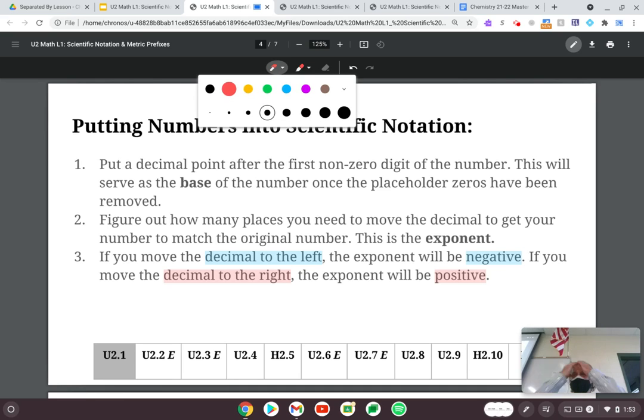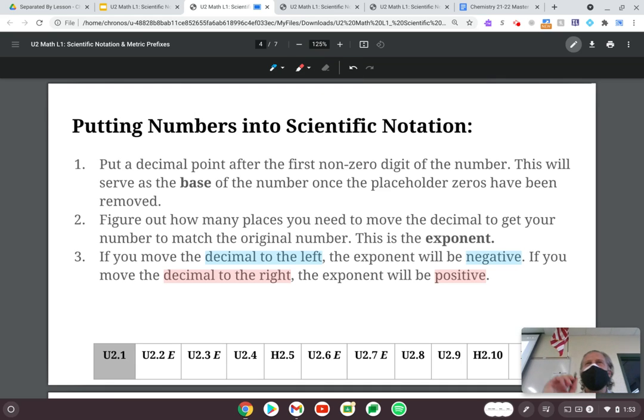Now, sometimes that gets confusing. So oftentimes what I have been in the habit of telling students is that if the number is smaller than 1, the exponent is negative.